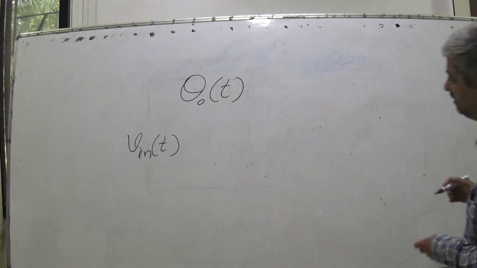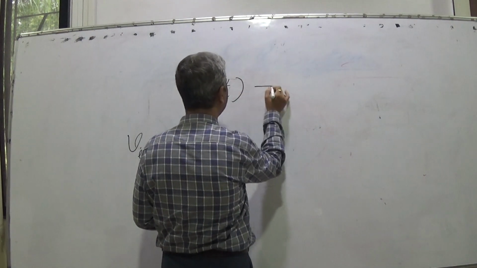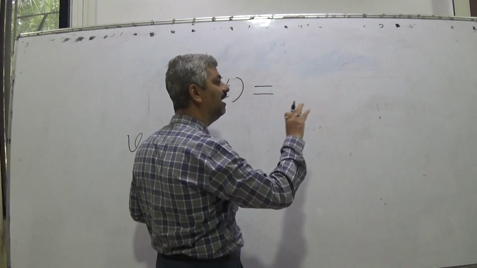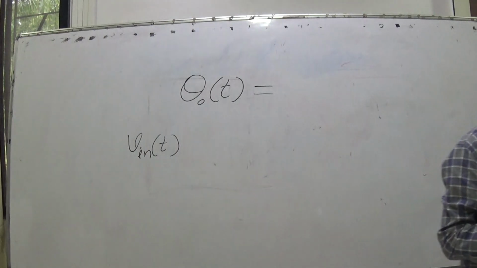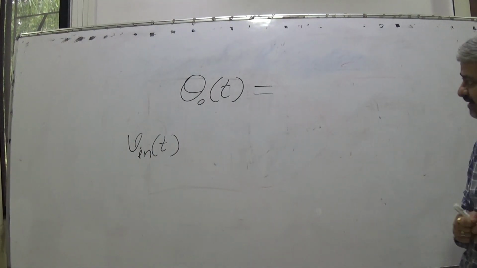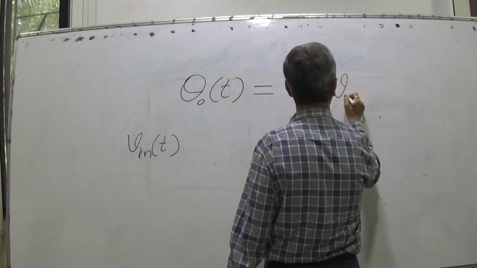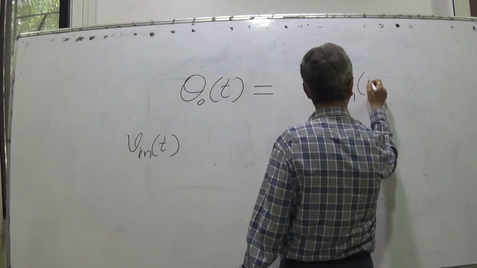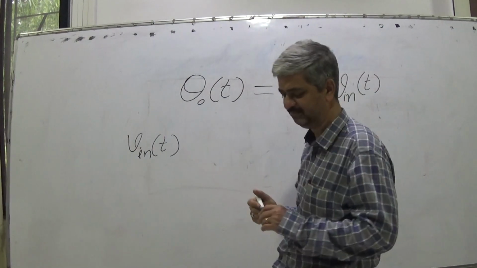So the system equation must be theta O T is equal to, and on the right hand side of the system equation, input signal must be there. So V in T must be there in some form, maybe direct form, maybe some square if non-linear. Right now it's a linear system.